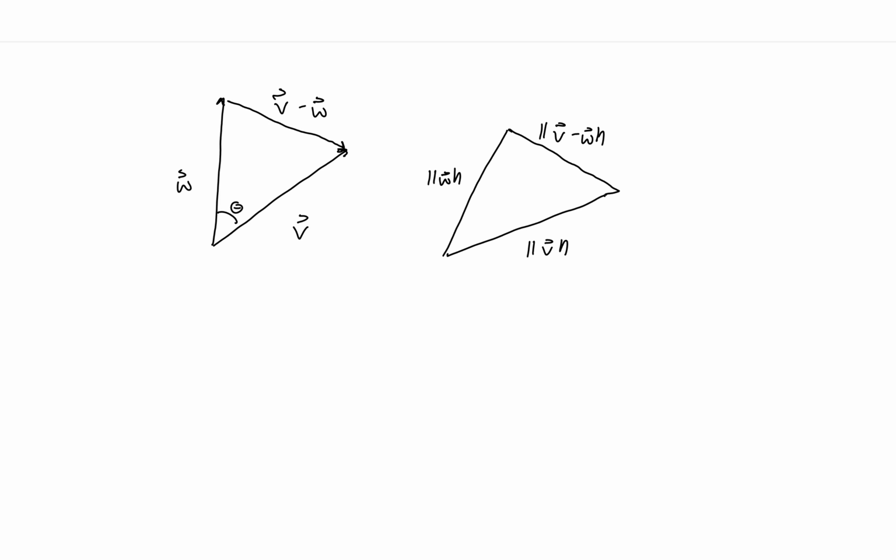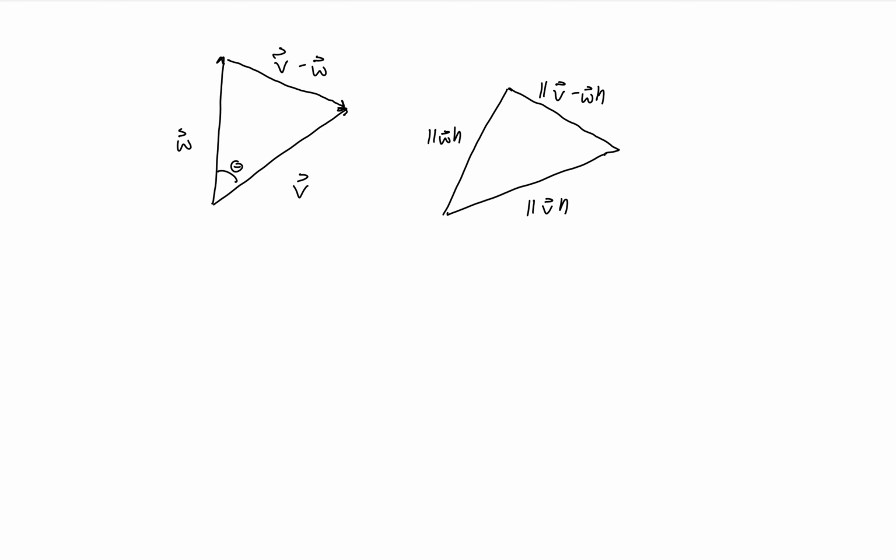So now, if we recall the law of cosines, like I said, I don't really expect you to remember this, but this would be the side opposite of theta of the triangle squared is equal to the magnitude of v squared plus the magnitude of w squared minus 2 times the magnitude of v times the magnitude of w times cosine theta.